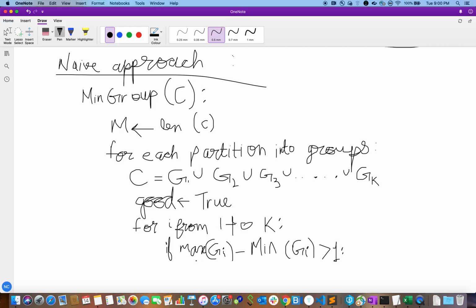So we can just set the boolean variable as false.